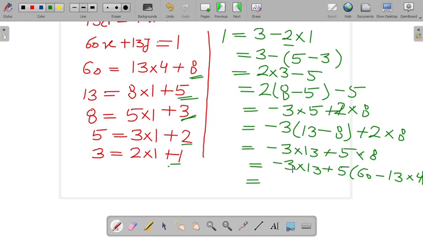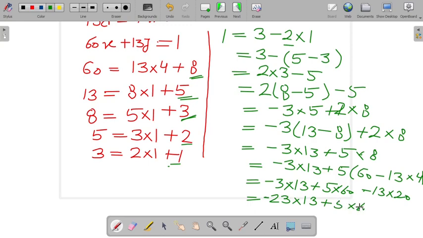So it becomes minus 3 multiplied by 13 plus 5 multiplied by 60 minus 13 multiplied by 20. So it becomes minus 23 multiplied by 13 plus 5 multiplied by 60.